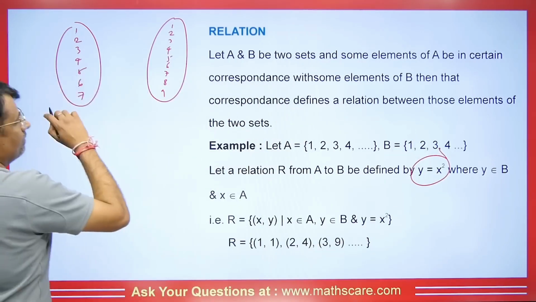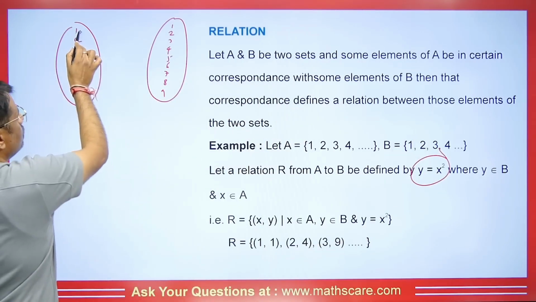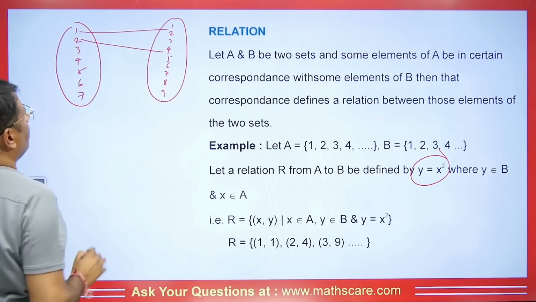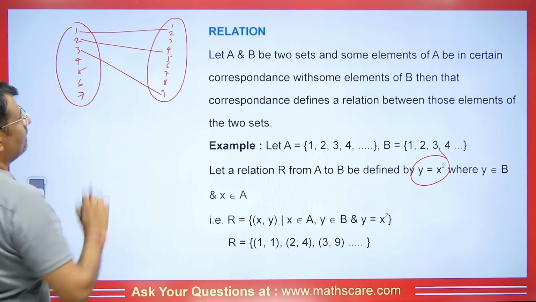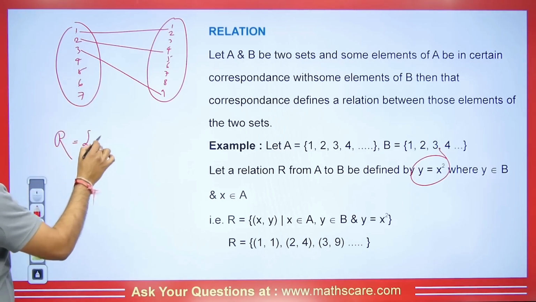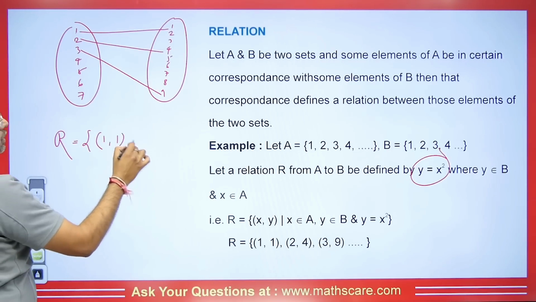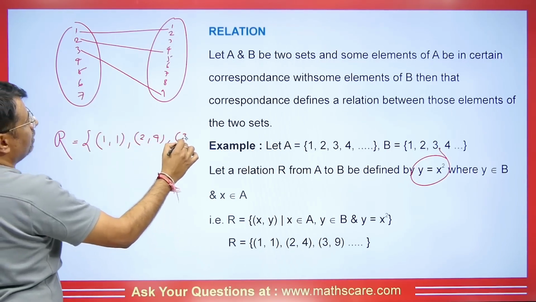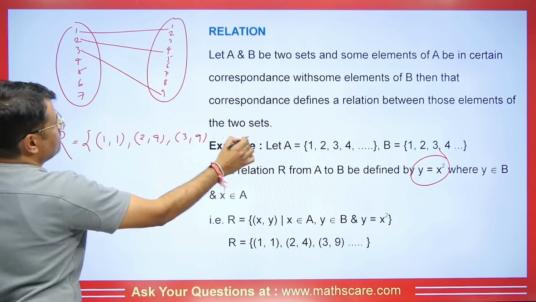So if we put the value of x as 1, then its square will be 1. If we put 2, the square will be 4. If we put 3, the square will be 9. So the relation we have will be of what type? We will see here. 1 is going to 1, 2 is going to 4, and 3 is going to 9. So this is our relation.